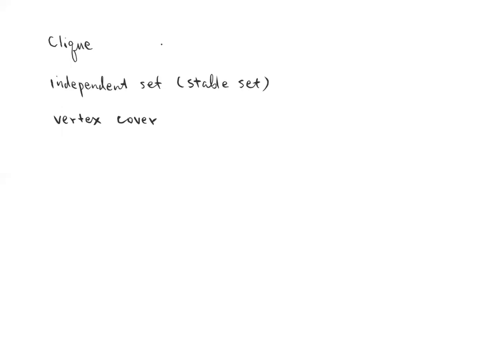We have a graph G, an undirected graph. A subset of vertices is called a clique if it induces a complete graph, so it contains all possible edges.